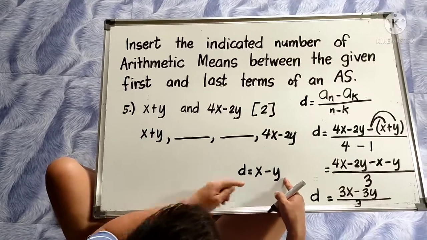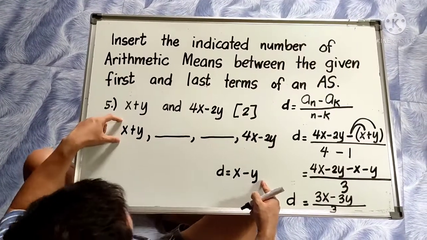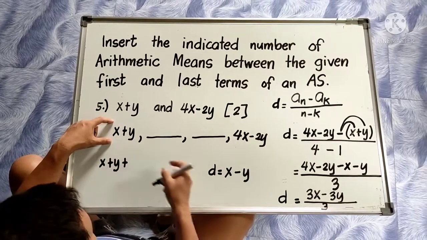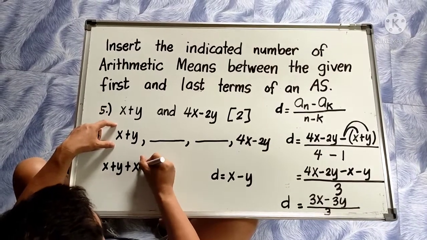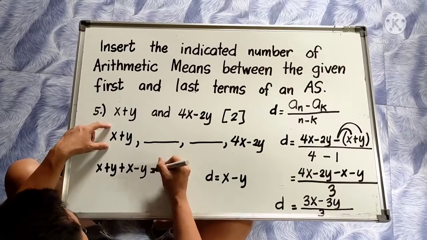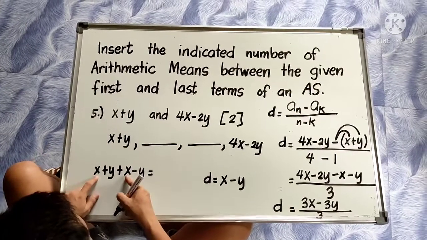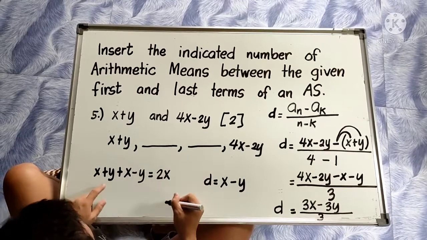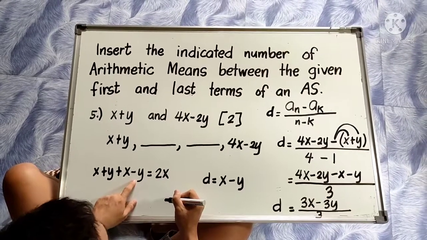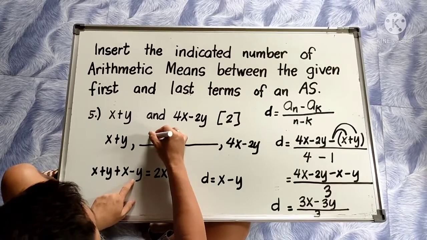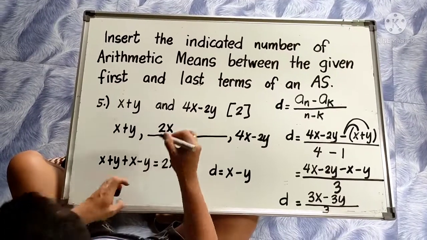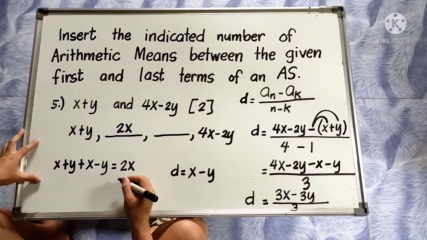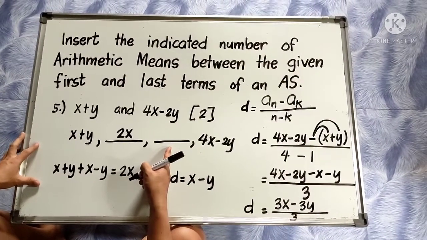So our common difference d is x minus y. And this one will be added to our first term. So x plus y plus x minus y is equal to x plus x, 2x, y minus y is 0. So our second term is 2x. Okay, and now let's solve for the next arithmetic mean.